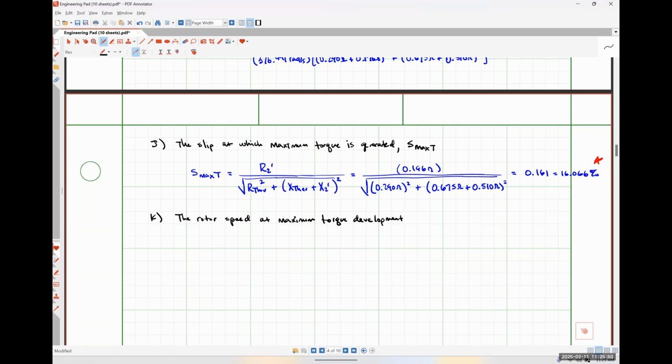So effectively, how fast is our rotor spinning at max torque? Anybody have any thoughts on how we might calculate that, since this is something that we don't technically have an equation for, we just know enough to be able to figure it out.